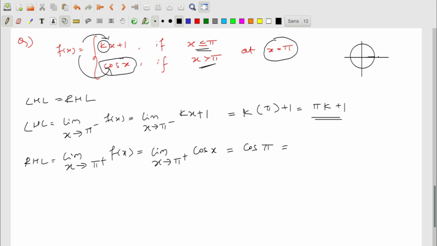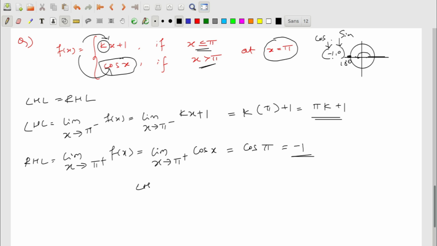If this is the reference line, we have 180 here, and at this point the coordinates are -1 and 0. We all know the first coordinate gives the cos function and the next one gives the sine function, and as the angle is 180 here, cos of 180 is -1. All right, so this is my RHL.